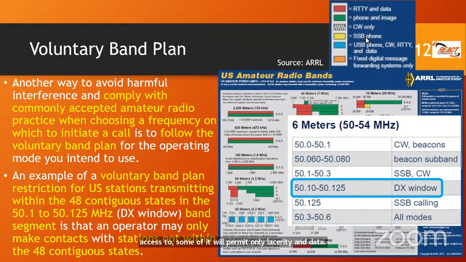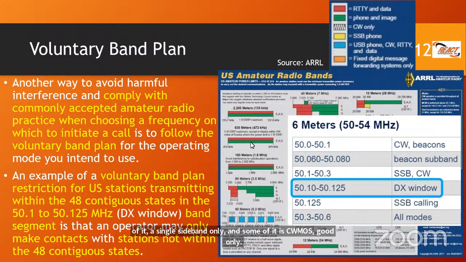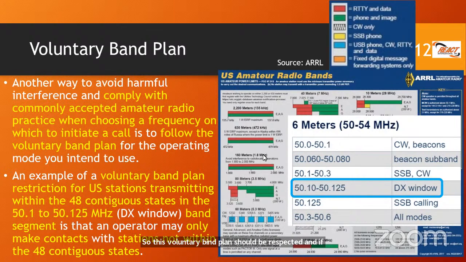Some of it is single sideband only, and some of it is CW or Morse code only. So this voluntary band plan should be respected, and if you do so, then you will be operating with courtesy, you will be operating using good amateur radio practice, and you will be a model amateur radio operator or model ham, and an example for others to follow.